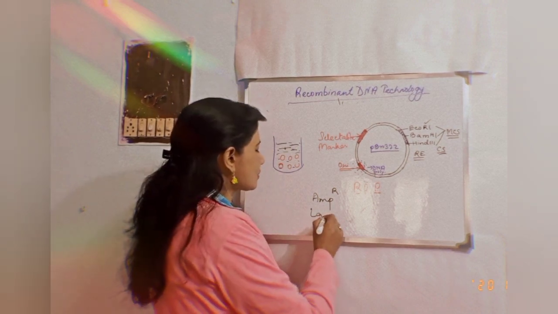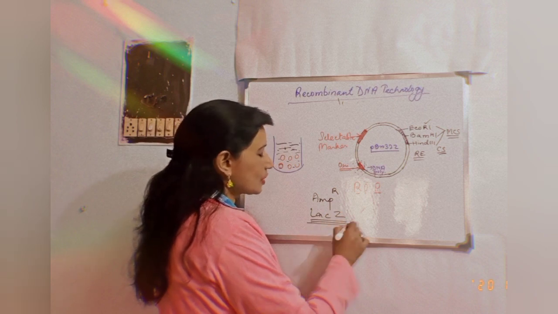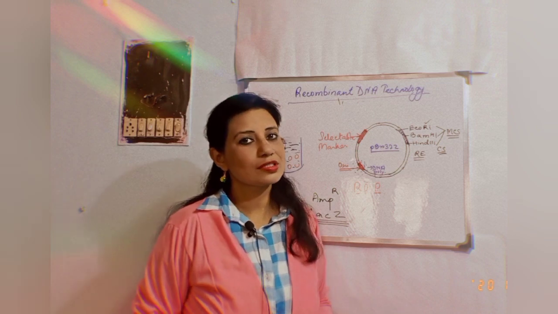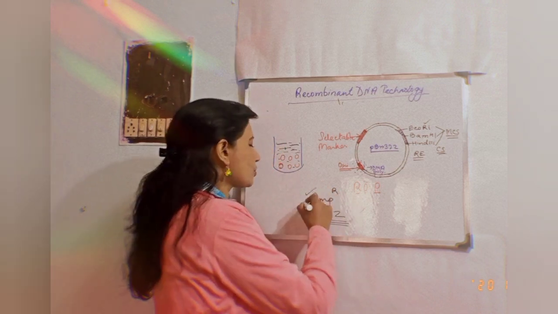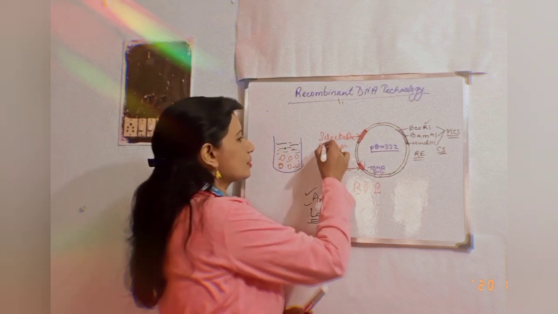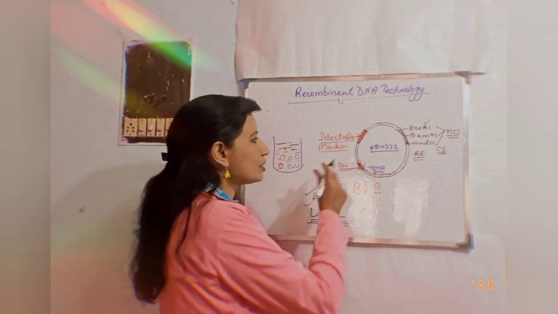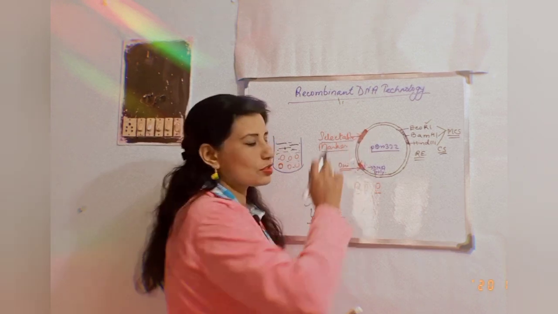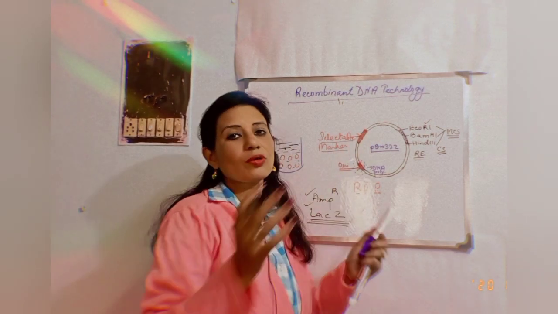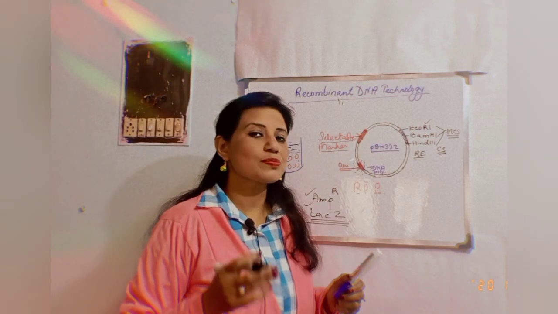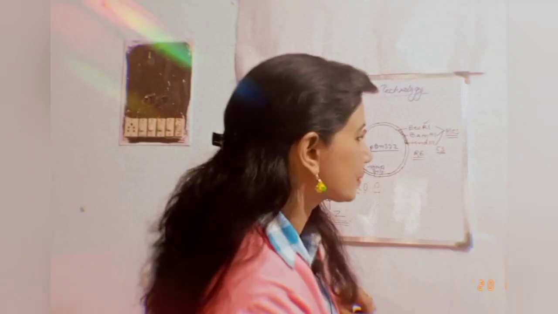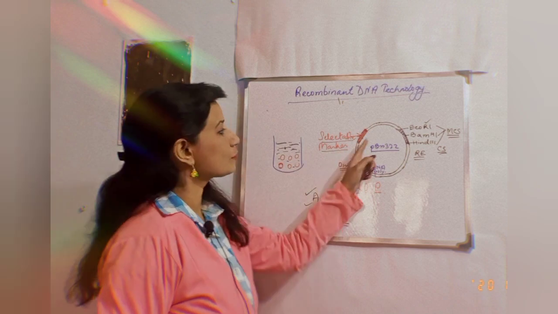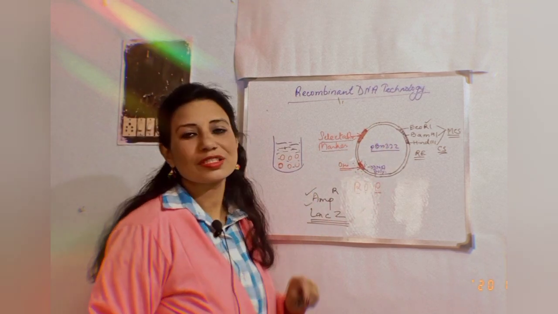In that case, it is LAC-Z, that is encoding beta galactosidase. These are the 2 possibilities in case of the selectable marker region, so that I can select which cell has to be attached. Which cell? It's not all the cells. It has to be specifically some cells. The marker will help me understand which cell I have to introduce into this vector.